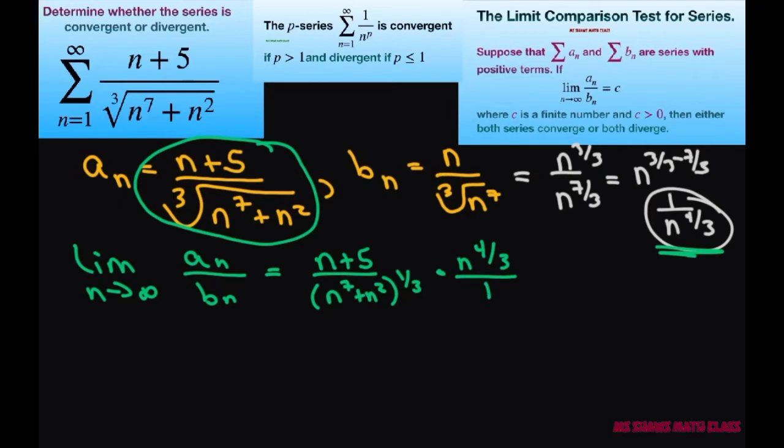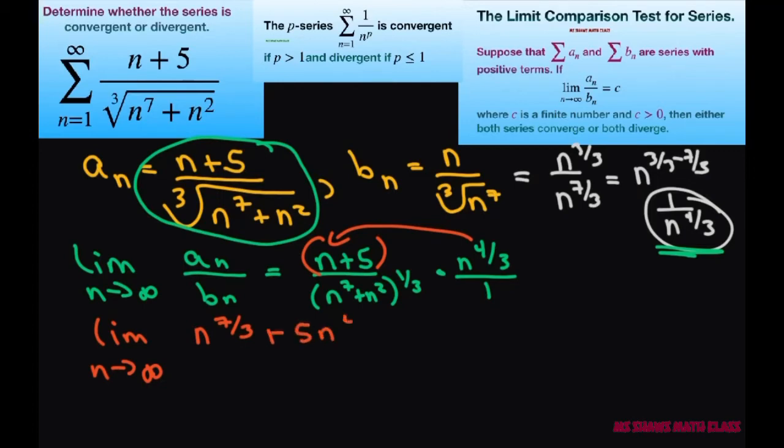So we're going to get the limit as n approaches infinity of n to the 7/3 when you multiply these two, because remember, this is 3/3, so you just add that up, plus 5n to the 4/3, divided by n to the 7th power plus n squared to the 1/3 power.